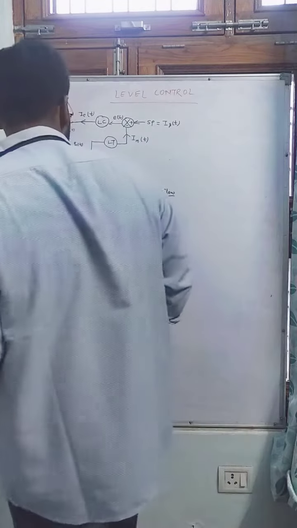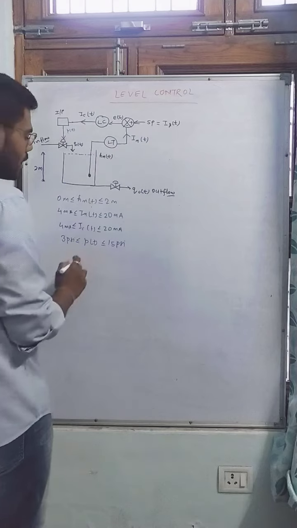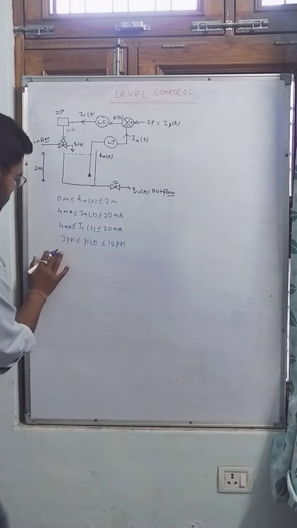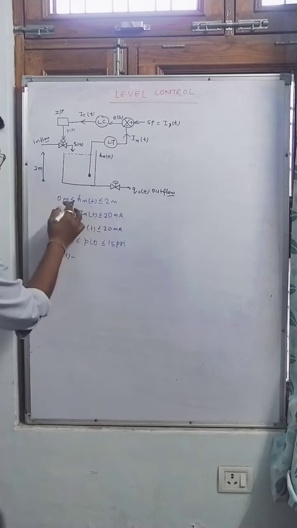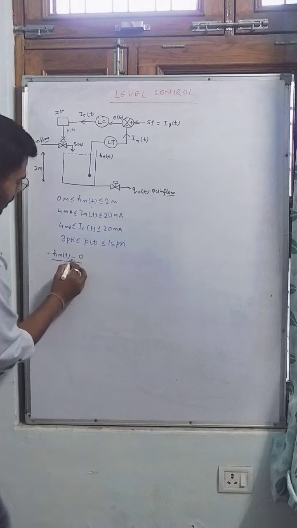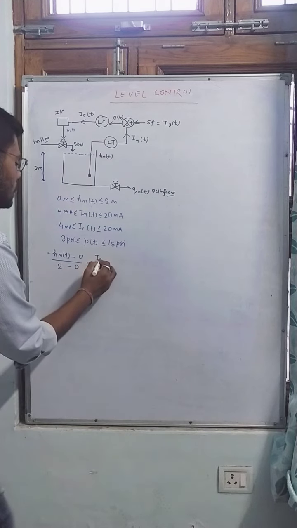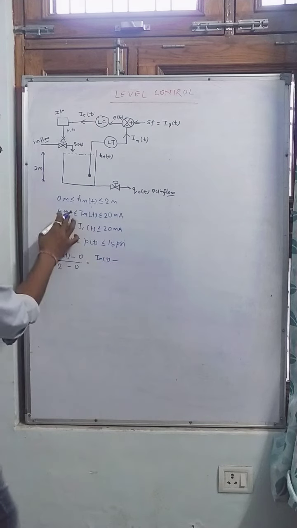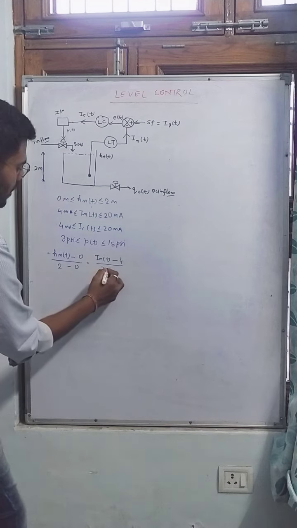Now, how can we convert this height level into current? We can do this by this expression: height of the tank at time t minus minimum level 0, by maximum 2 minus minimum 0, equals corresponding current IMT minus minimum value of IMT, which is 4, by maximum minus minimum, 20 minus 4.